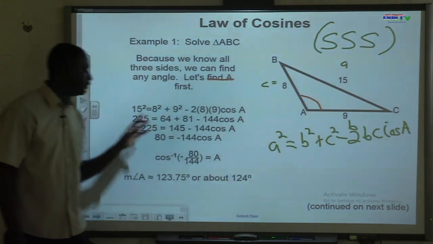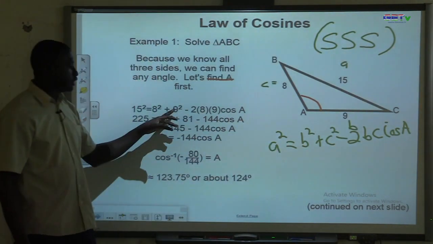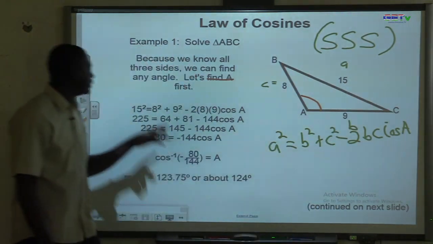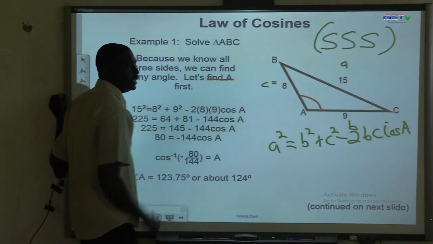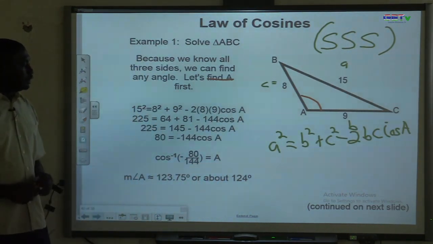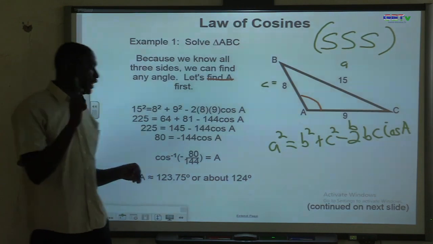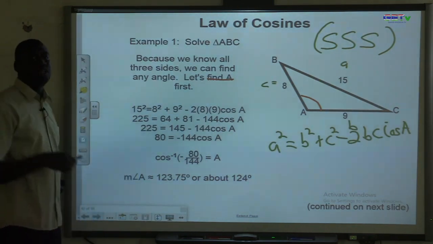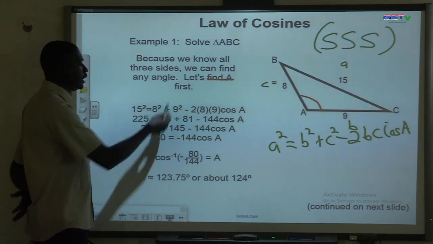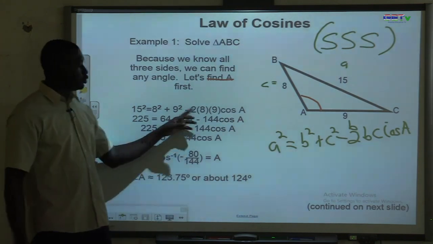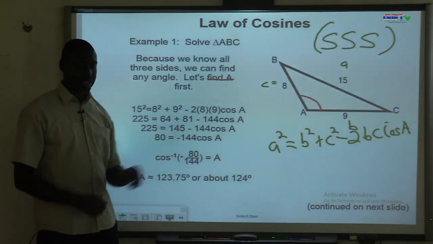Our a squared is 15 squared, which is equal to b squared, 9 squared, plus c squared, 8 squared, minus 2 times 8 times 9 cos A. The value that we don't have here is angle A, so we are solving for A. 15 squared will give us 225, 15 times 15. 8 squared will give us 64, 9 squared 81, minus 2 times 8 times 9, that will give us 144 cos A.